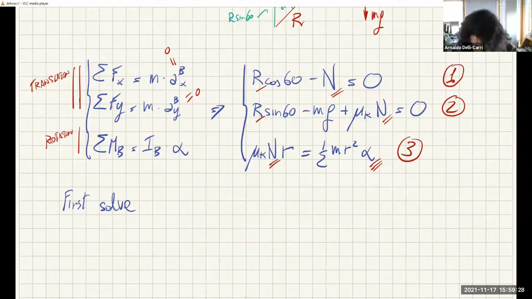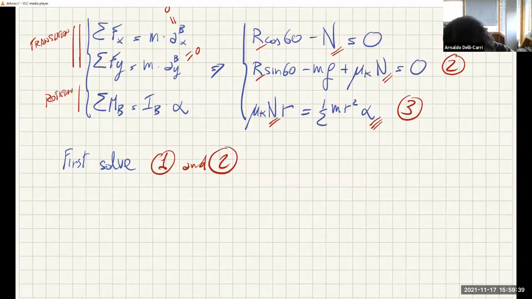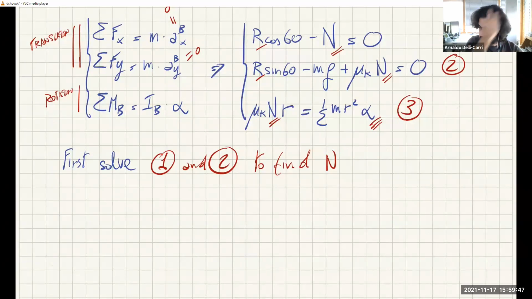So we have to solve equation 1 and 2 to find N. Well, let's not solve it.